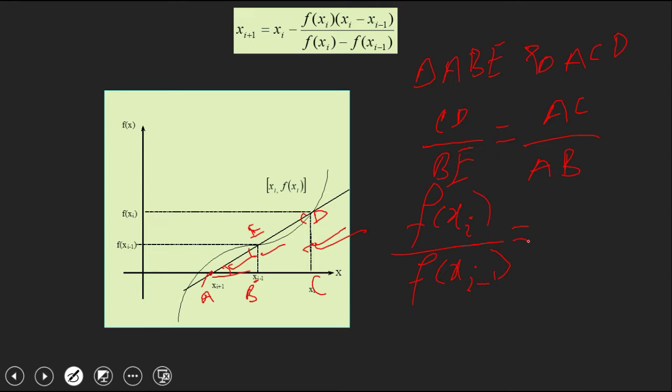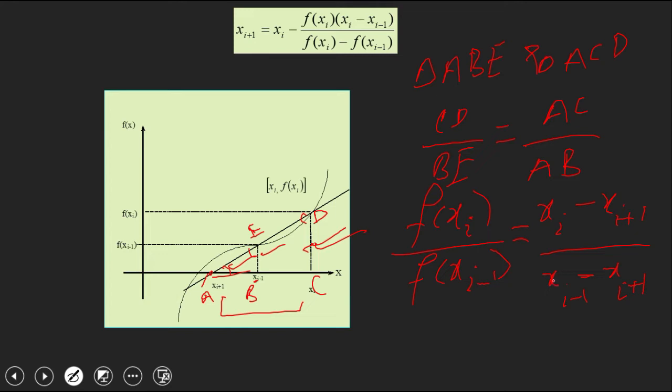AC is the difference between these two points, x2 minus x1. We have xi minus xi plus 1 divided by that base, which is x2 minus x1. We have xi minus 1 minus xi plus 1.